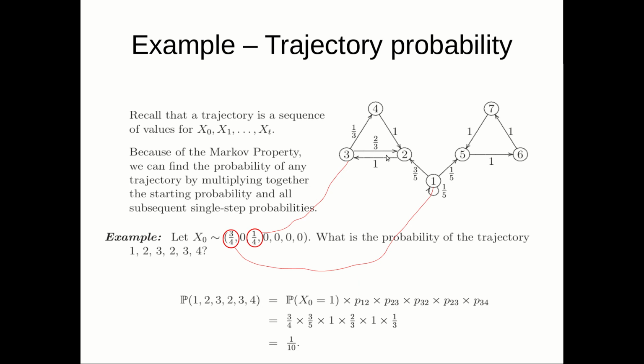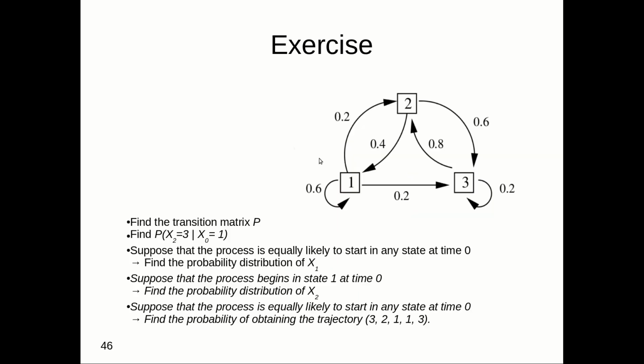Here we want to go to 2, then to 3, back to 2, back to 3, and then to 4. We just have to multiply all those probabilities. So the prior probability, which is 75%, times the respective transition probabilities, and the probability of observing this trajectory is 1/10. Here I've just highlighted again the trajectory that we want to take via this blue line.